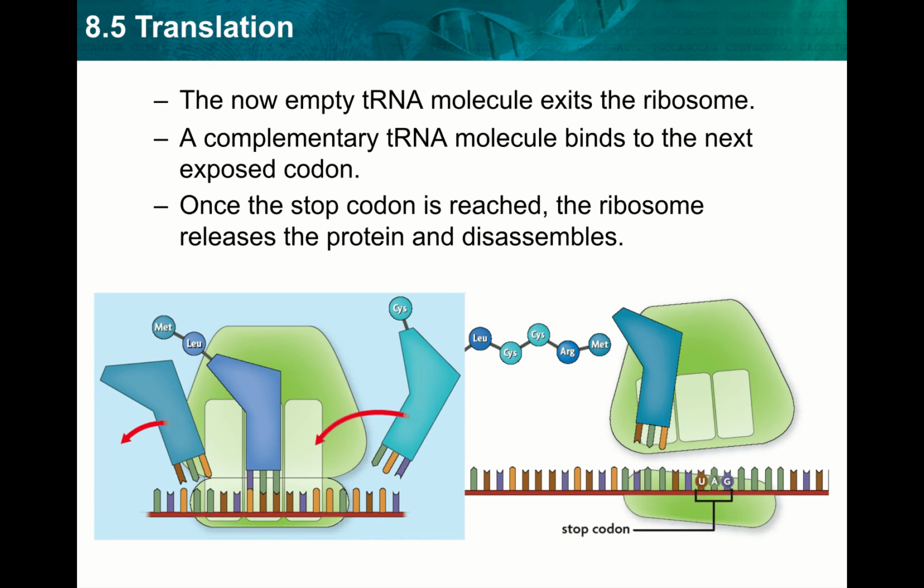The next tRNA comes in with a complementary anticodon. It's binding to the codon. It's going to then release the amino acid, and the peptide bond is going to form. This will continue until a stop codon is reached, and the ribosome will then release that protein and disassemble from the messenger RNA.